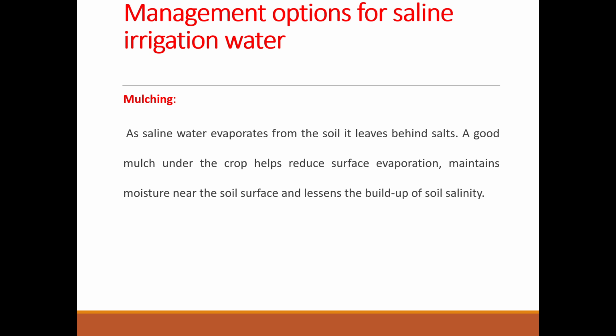As saline water evaporates from the soil, it leaves behind the salts. Good mulch helps reduce surface evaporation, moisture is maintained near the soil surface, and the buildup of soil salinity is reduced.